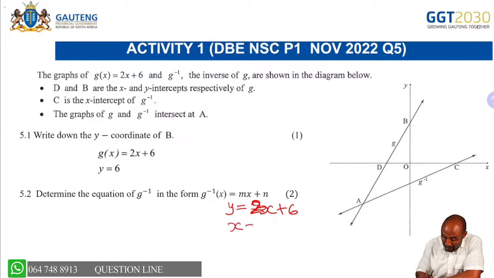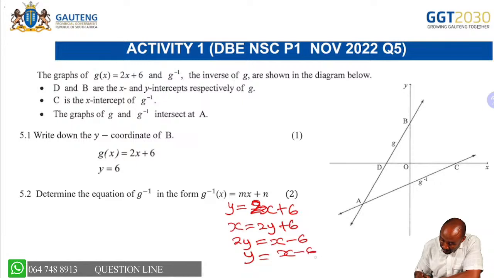We will get x is equal to 2y plus 6. And we will have 2y is equal to x minus 6. Divide both sides by 2, we'll get y is equal to (x minus 6) all over 2, which will give us y is equal to half x minus 3.